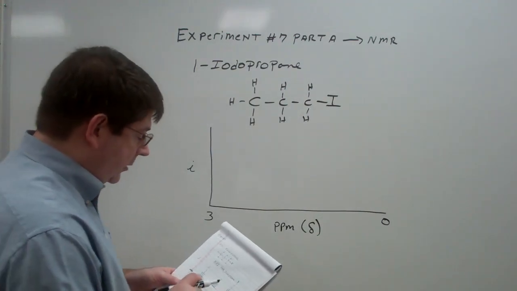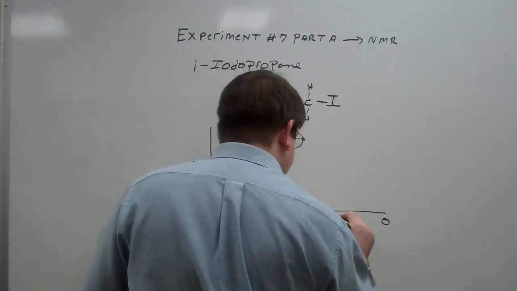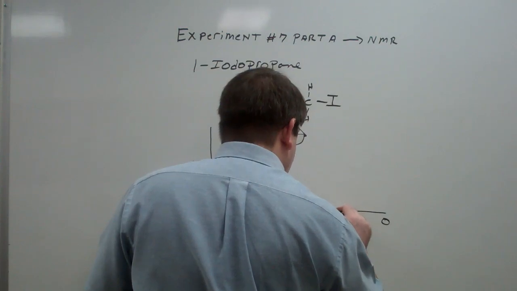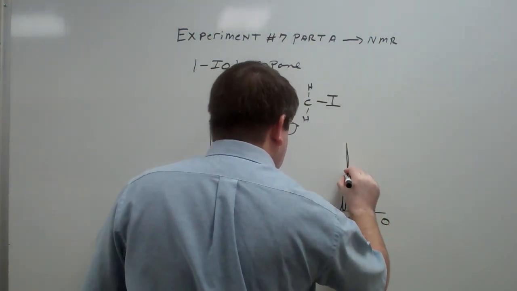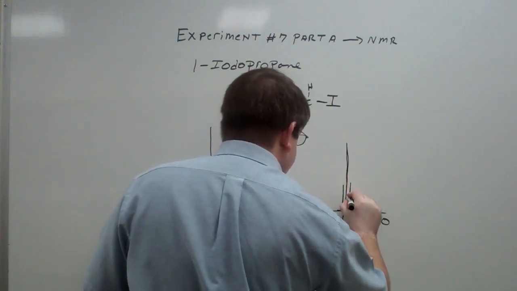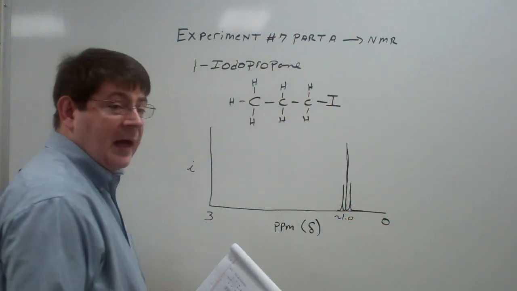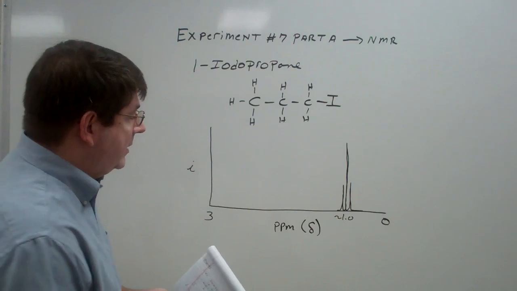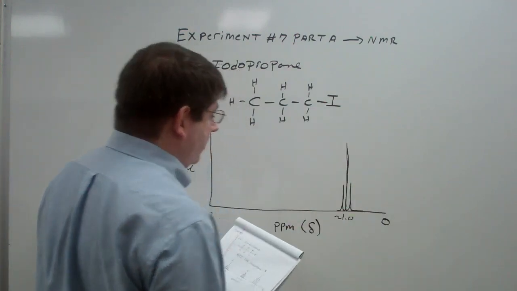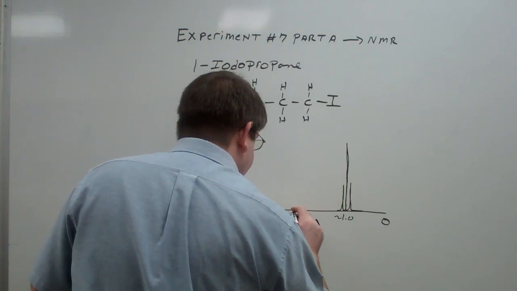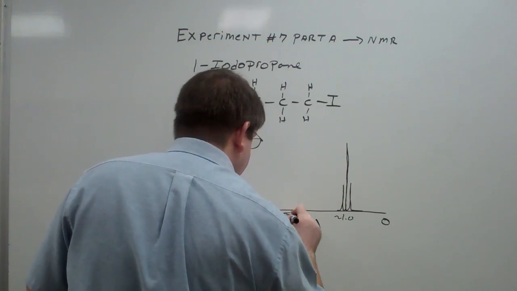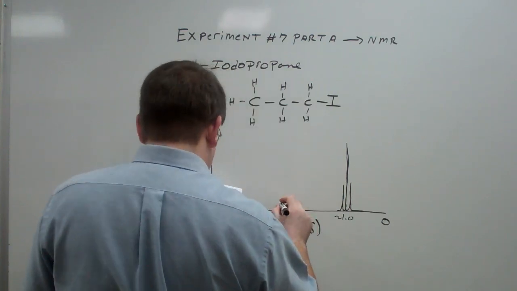And if you look at that spectrum, what you see is around 1, you see what appears to be 3 lines in about this ratio. We call that a triplet. Anytime you have 3 lines that are in a ratio similar to this, we call that a triplet. Around 2, we have 6 lines.